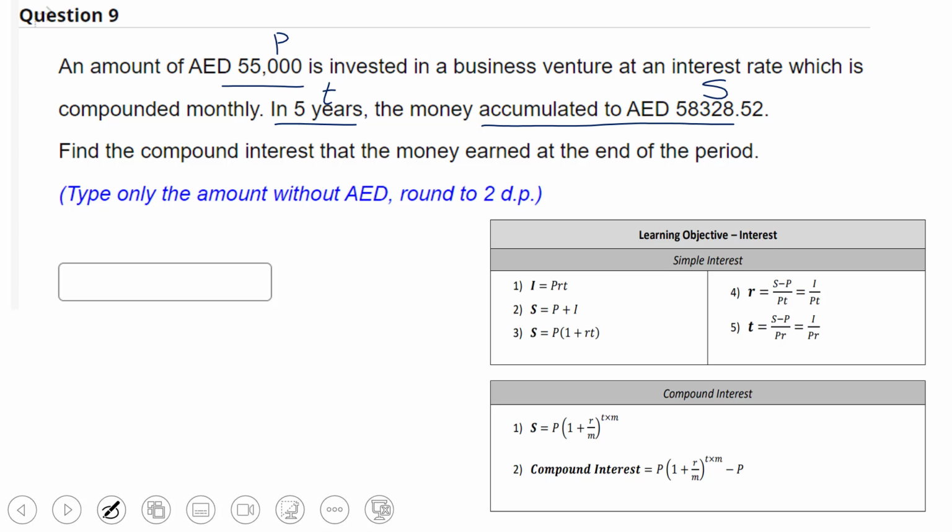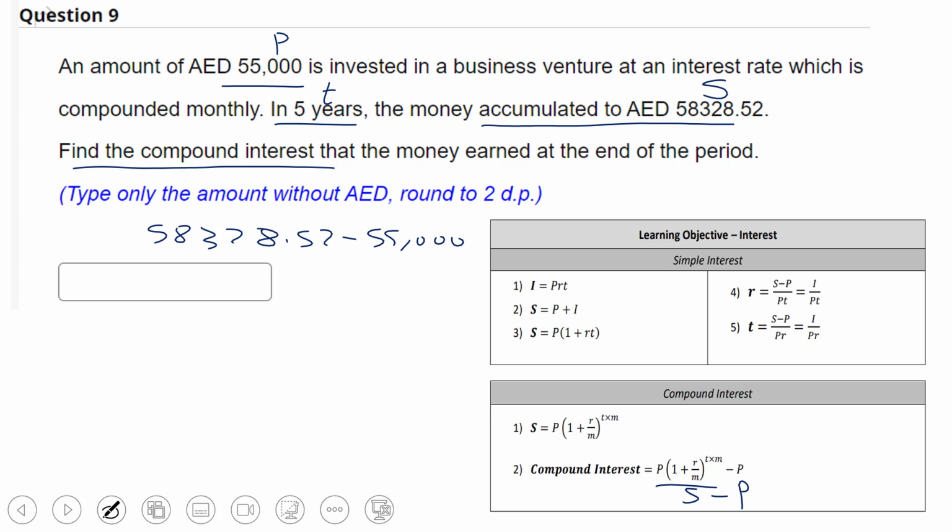Find the compound interest. The compound interest is the difference between S and B. What is the formula? Yes, compound interest is S minus B, right? So just subtract this one from this one. You subtract 58,328.52 minus 55,000.